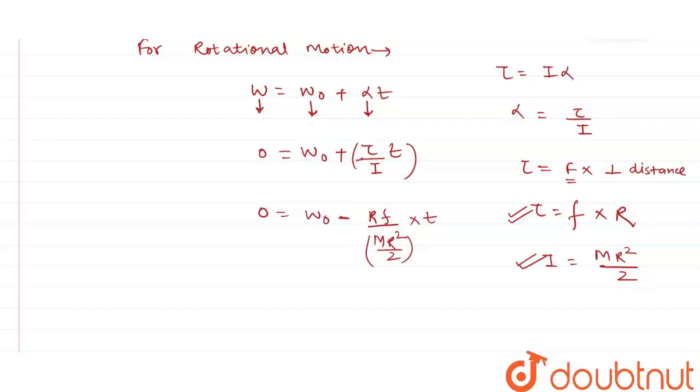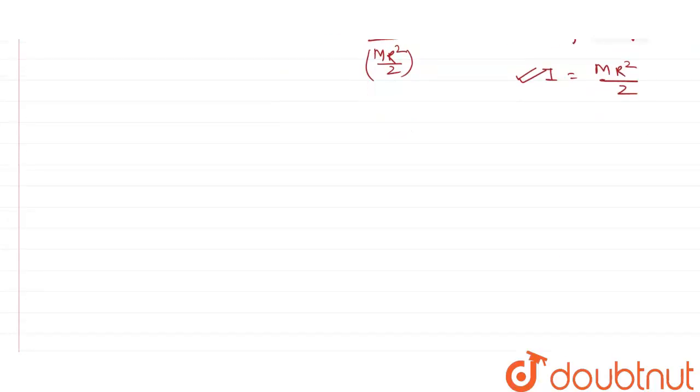Further solving this equation, the value of t comes out to be m r omega naught upon 2f. This is my equation second.